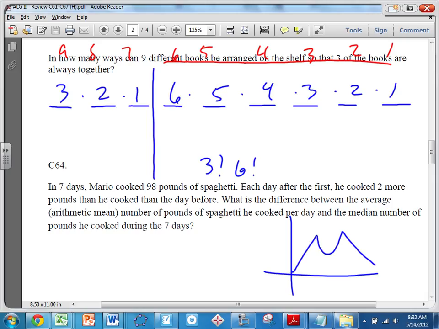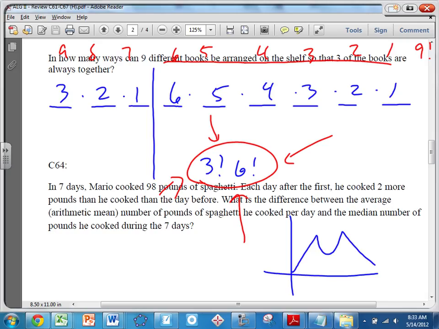So whatever you get for this answer right here would have been different had it been the one with the red ink up top, which would have just been 9 factorial, if the grouping didn't matter. But since the grouping does matter, we are looking at this answer right here. Again, if the grouping didn't matter, it would just be 9 through 1. So 9 factorial.